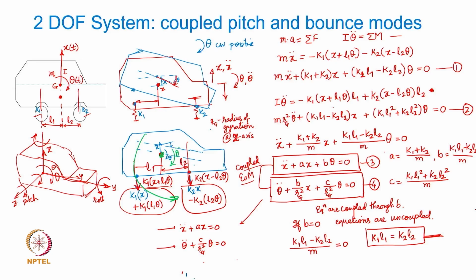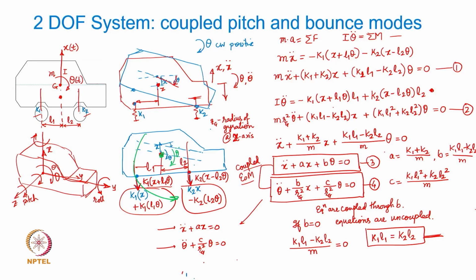Even in that case, the whole motion is going to be uncoupled, and whenever you disturb the car body vertically, it will continue to bounce if it is vibrating freely, and if you somehow disturb it by giving a tilt motion, it will continue to oscillate without bouncing. But if B is not equal to 0, then the general motion will be coupled motion.